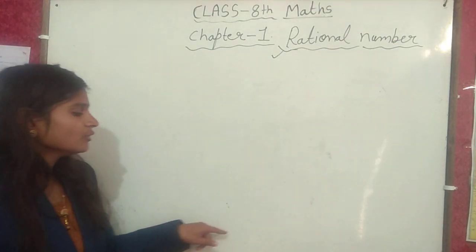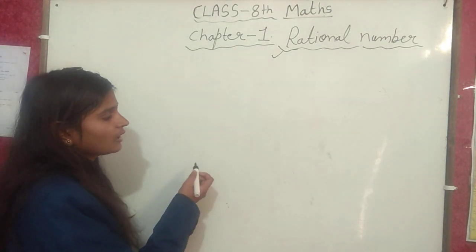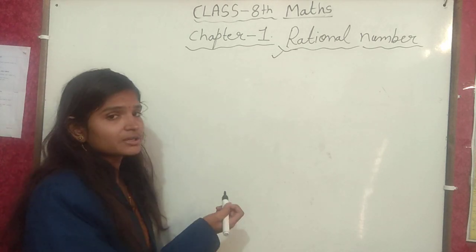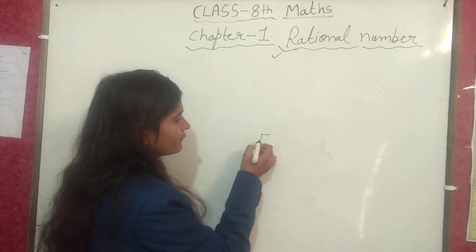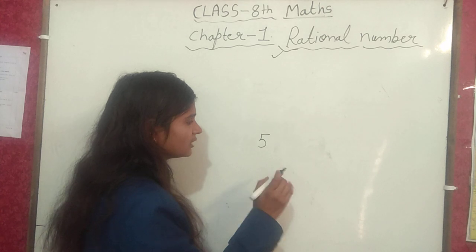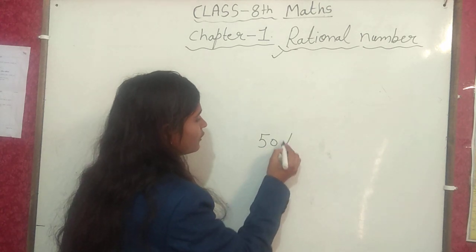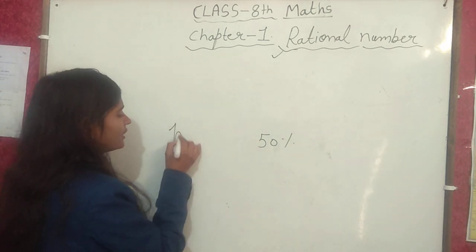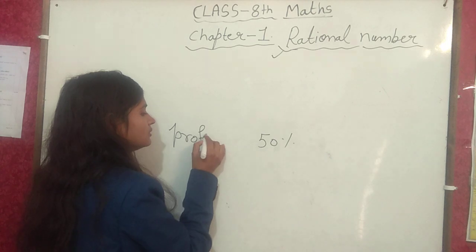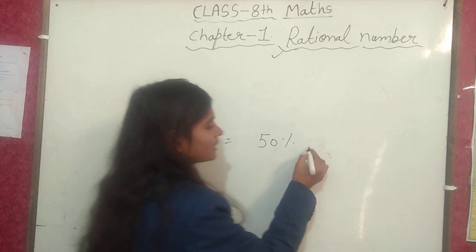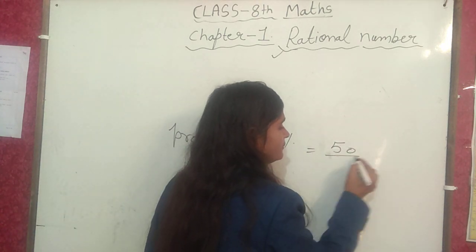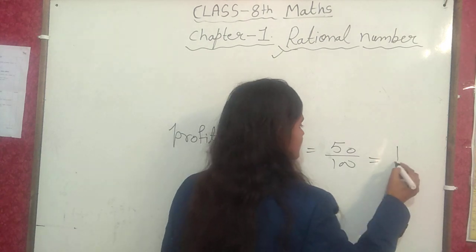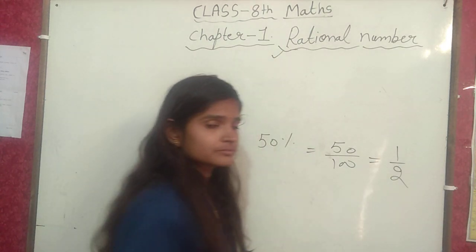Suppose you have a profit of 50%. How can you denote it? 50% means 50/100, so it becomes a fraction.